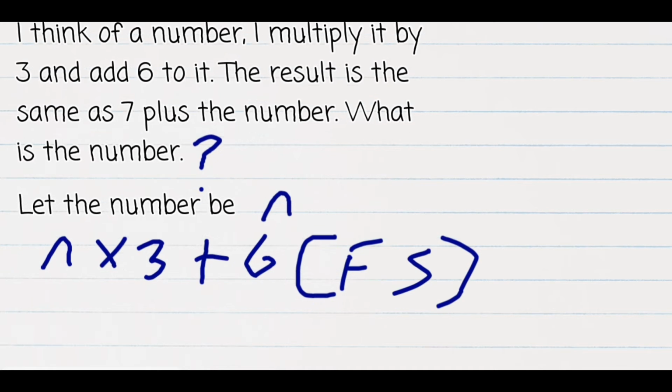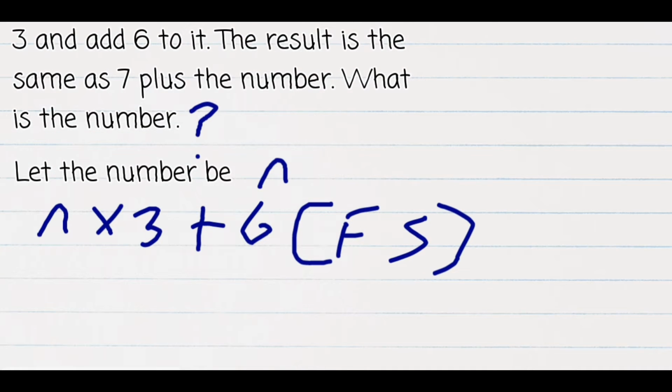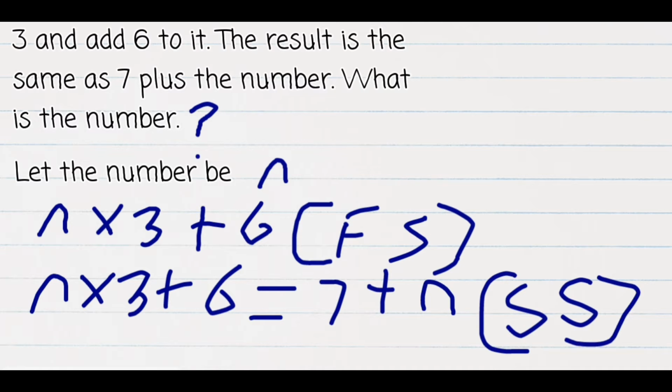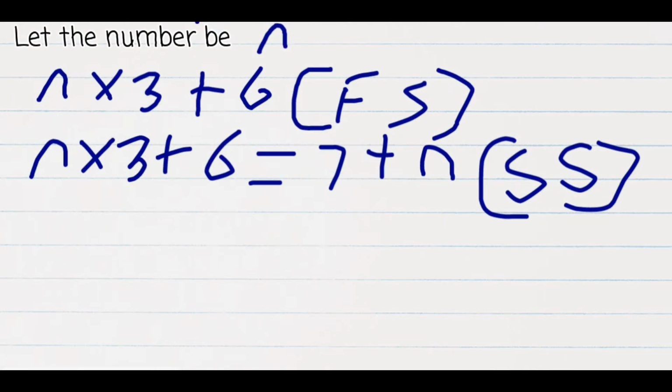Now the second sentence says that the result is the same as 7 plus the number, meaning this is going to be equal to 7 plus the number, meaning N times 3 plus 6 is equal to 7 plus N. And this is what we derive from the second sentence. Now we're going to combine the first and second sentence.